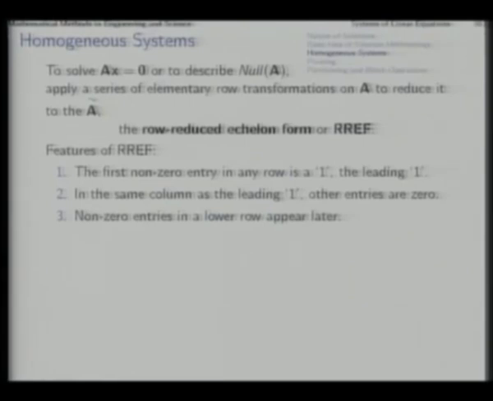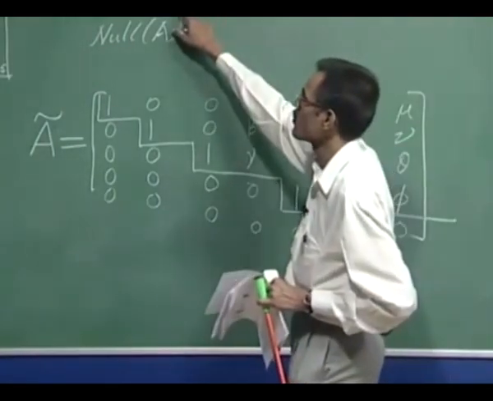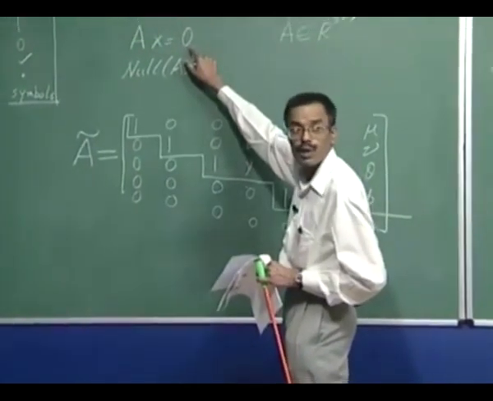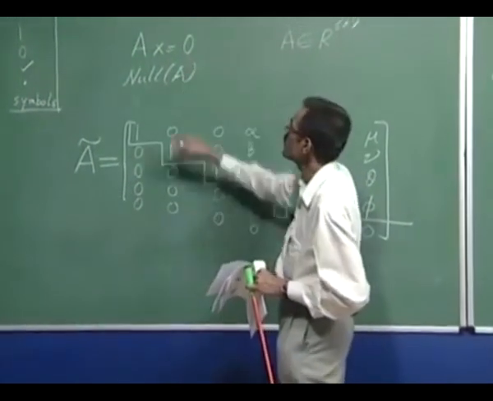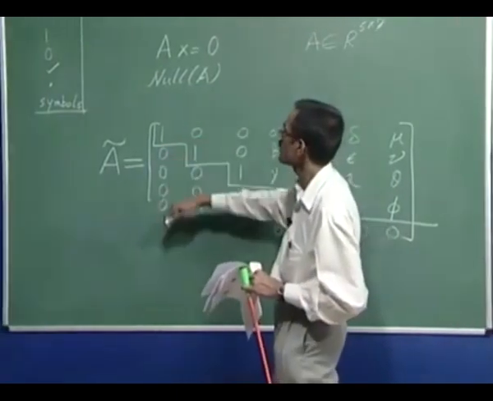Now, go back to the original theme: if Ax equal to 0 is the system, then the solutions of this system remain unaltered through all these elementary row transformations that we have carried through.